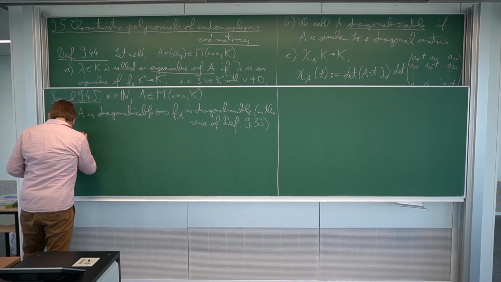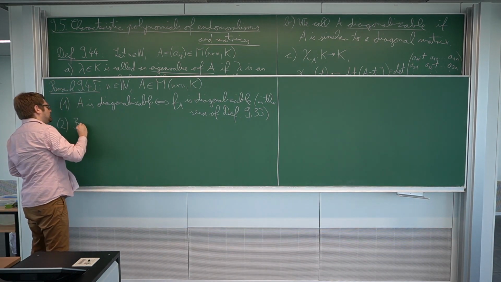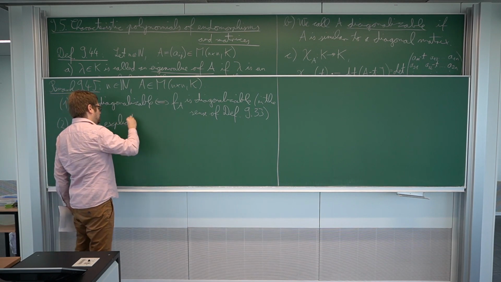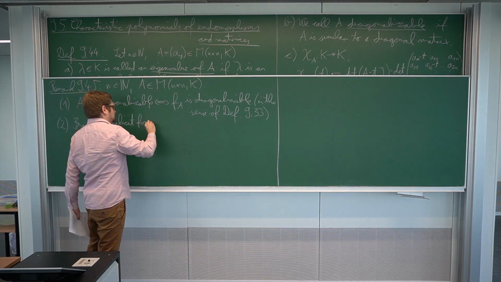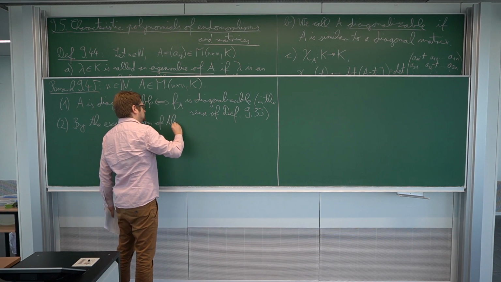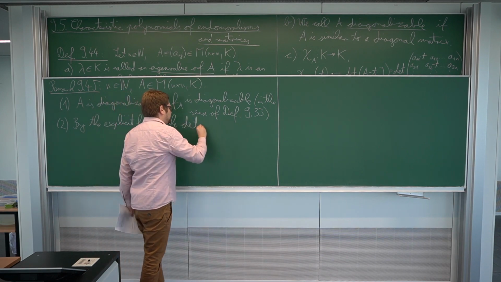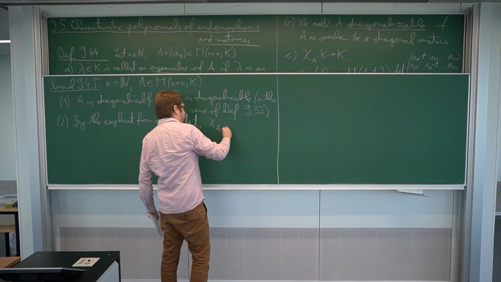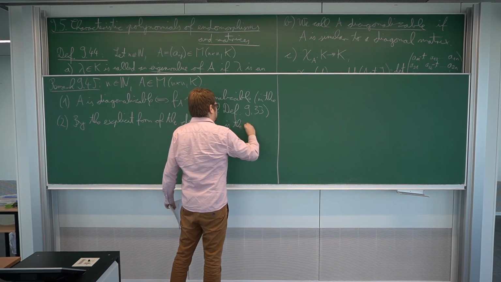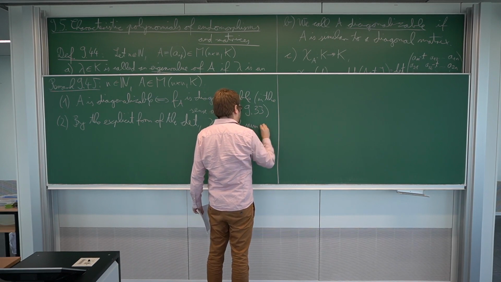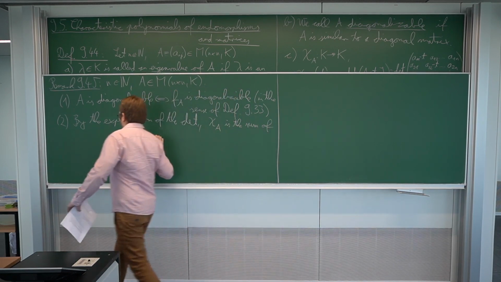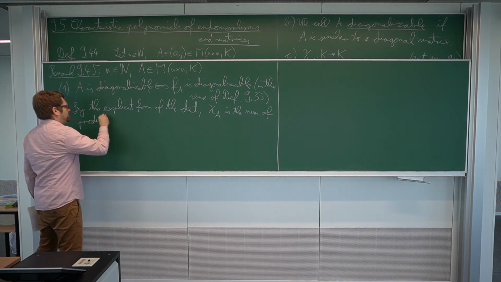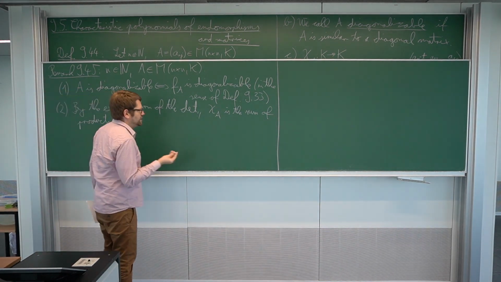Anyway, so by the explicit form of the determinant, chi A is the sum of products of signs.